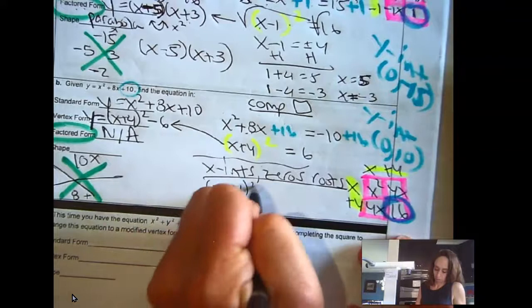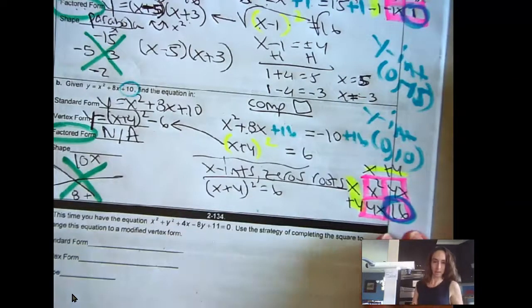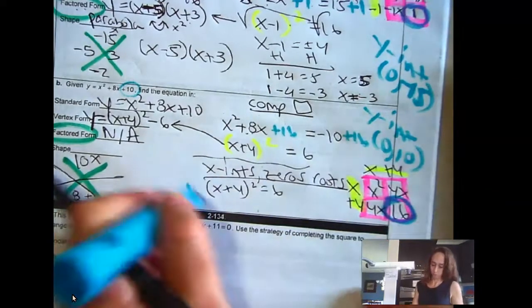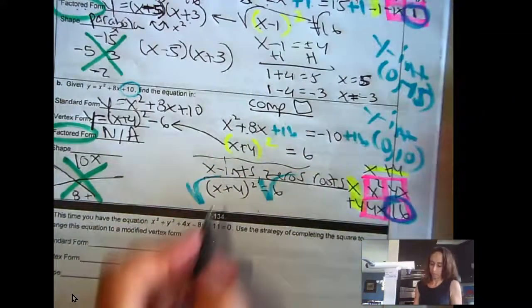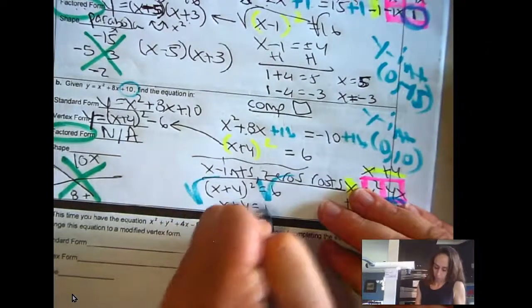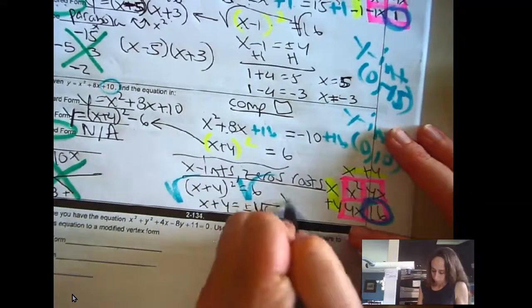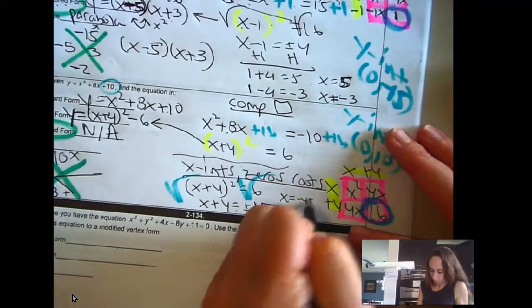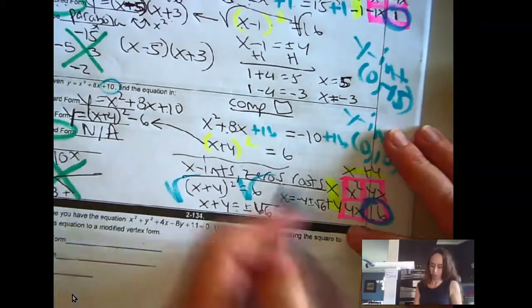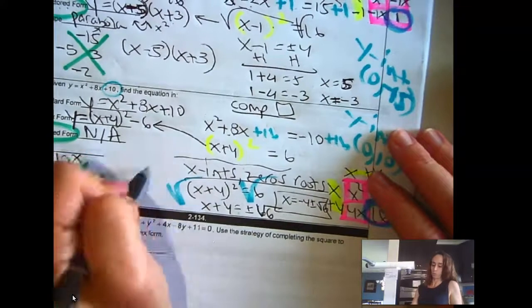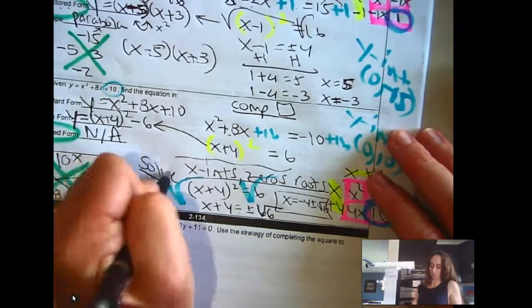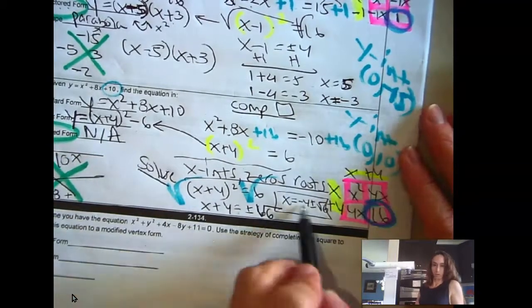That's solving, and that is when I would square root. I get x plus 4 equals plus or minus root 6, because I can't take the square root of 6. So then x equals negative 4 plus or minus root 6. So if I was actually asking you to solve, which I'm not, that would be your answer.